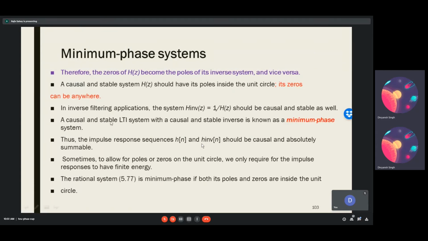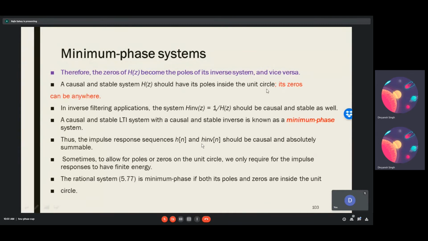A causal and stable LTI system with a causal and stable inverse is known as a minimum phase system, such that the inverse filter is also causal and stable. That means the poles and zeros of H(z) should all lie inside the unit circle. For a causal and stable H(z), you have only the condition on poles, not on zeros. Zeros can lie anywhere, but such a system may not have a causal and stable inverse.